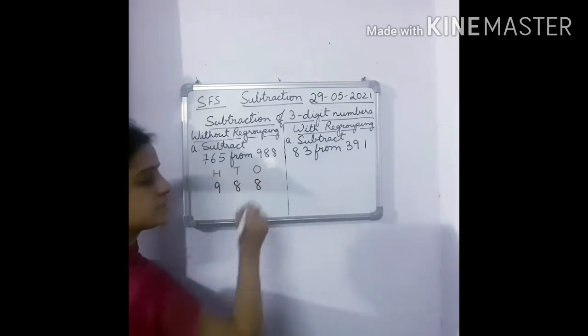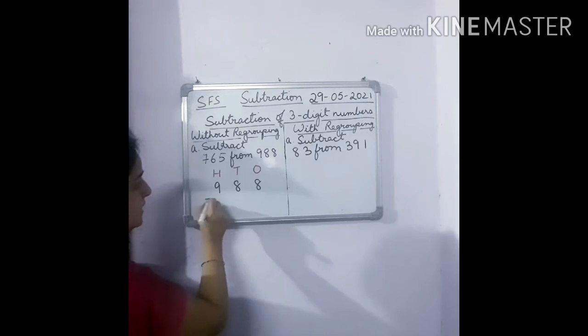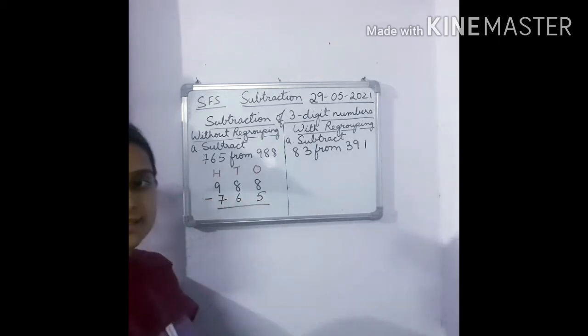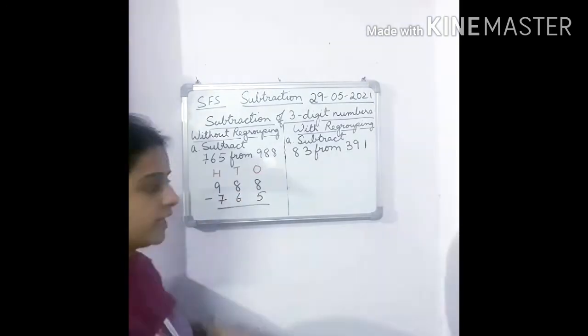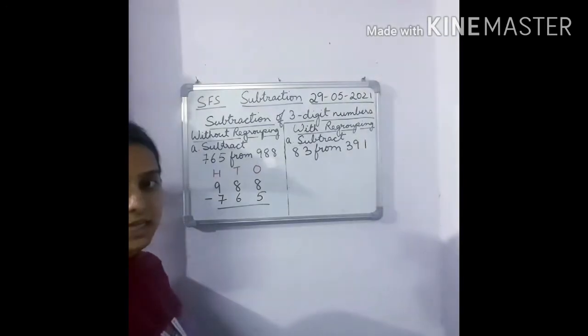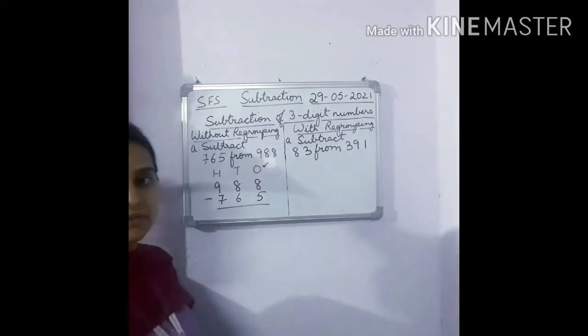The minuend is bigger than the subtrahend, then minus 765. We always subtract, children, from the total, from the bigger number, okay? So 8 minus 5, as you know that we start our subtraction always from ones place. 8 minus 5 is what?